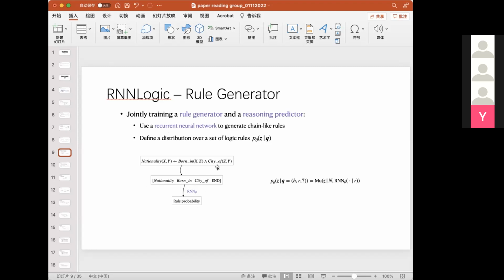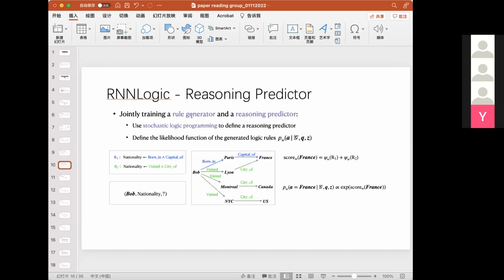But by feeding these rules into the reasoning predictor, the predictor tries to find the most useful paths that lead to the ideal tail entity.